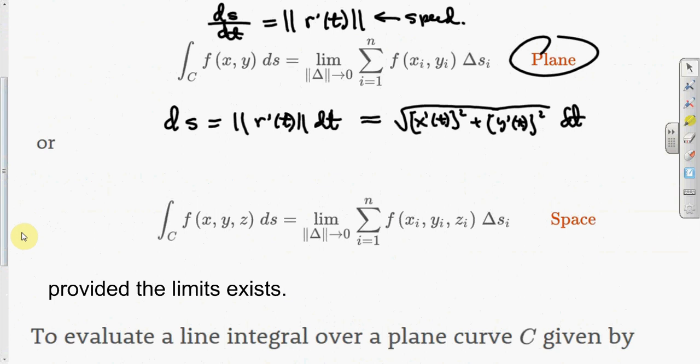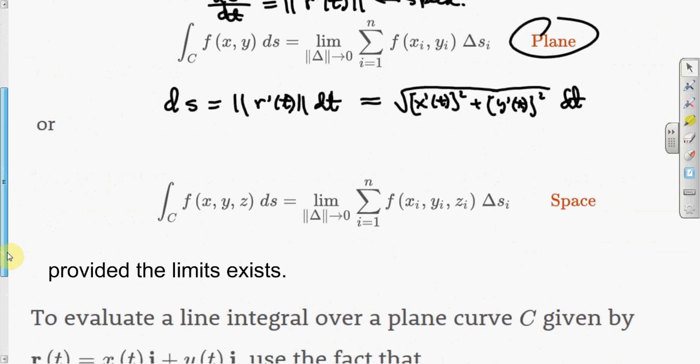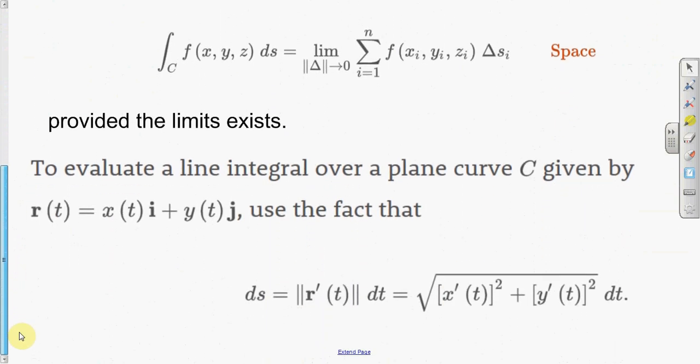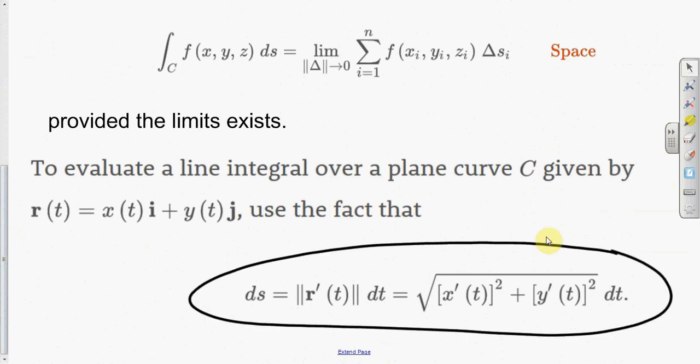And so what the author has there is just the same thing that we just got through talking about, trying to give a definition to ds.